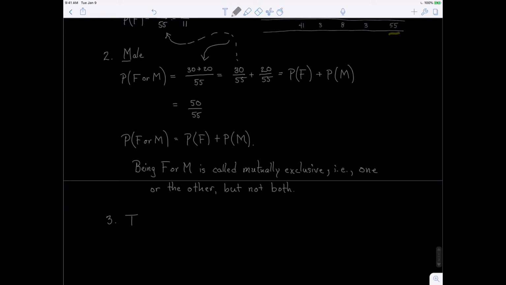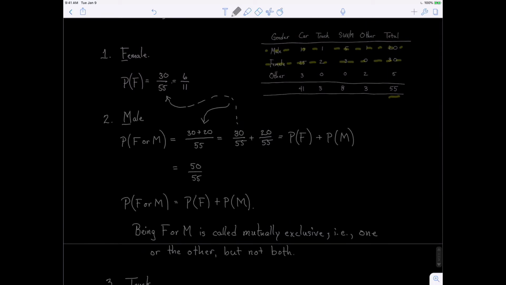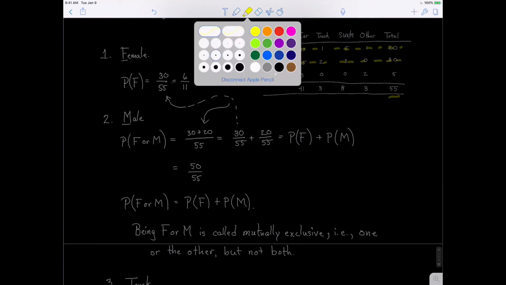We're going to use a capital T for those people that drive a truck. So we would say the probability that someone drives a truck, well, if we look at our table here, let's use a different color.